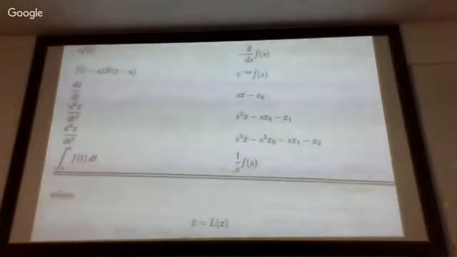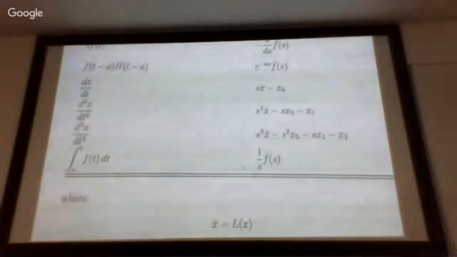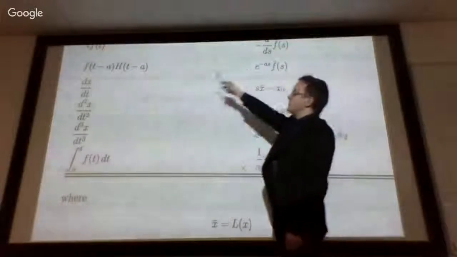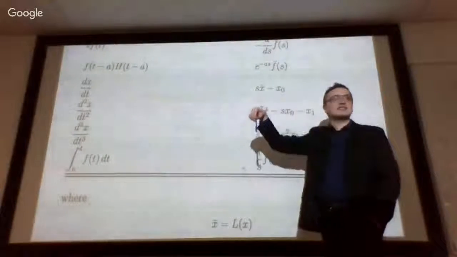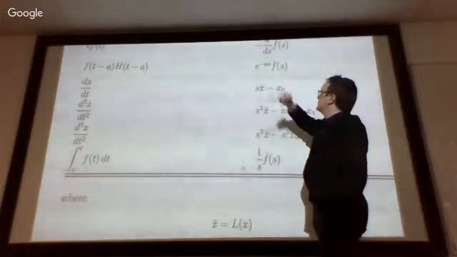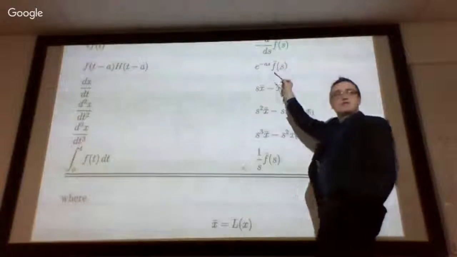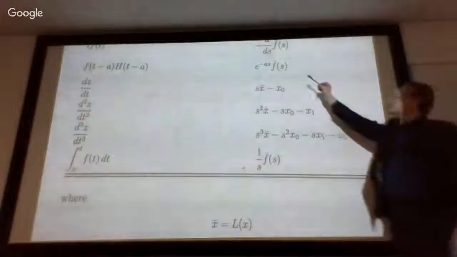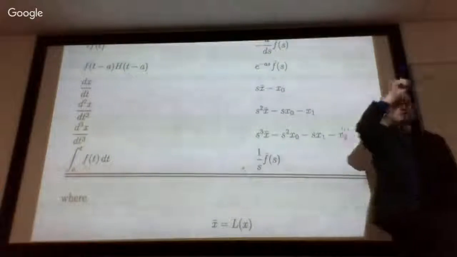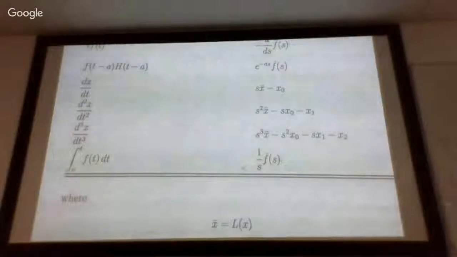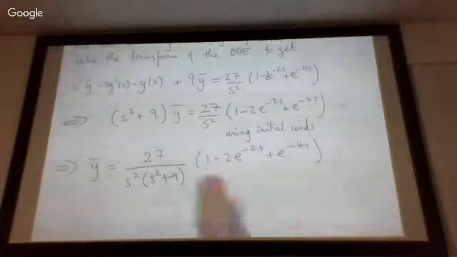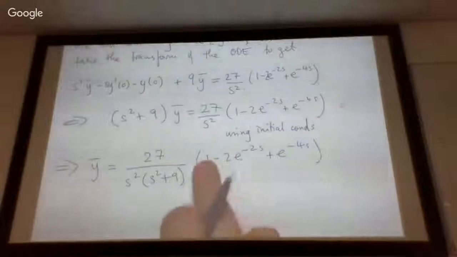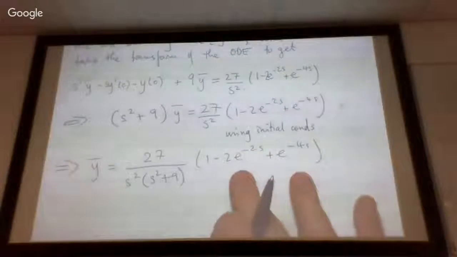So what we'll use to transform the right-hand side is a few applications of this result about the transform of something times a Heaviside. Because what we're seeing on the right-hand side there is some exponential times the transform of some function. So this f bar of s here is that 27 over s squared times s squared plus 9, and this is multiplied by, well, constant 1 here, but those other exponentials.